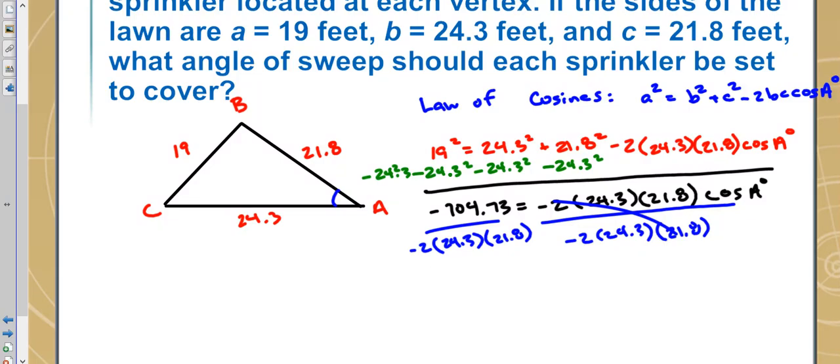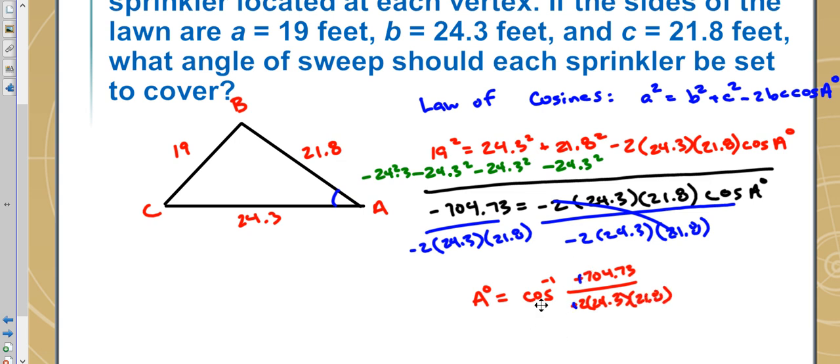And finally, to get the A by itself, I need to do the inverse. So I'm going to say that A degrees will equal cos inverse of that, which we just got in the calculator, but I'll just write it out over here. Negative 704.73 divided by negative 2 times 24.3 times 21.8. Obviously, the negatives cancel here.